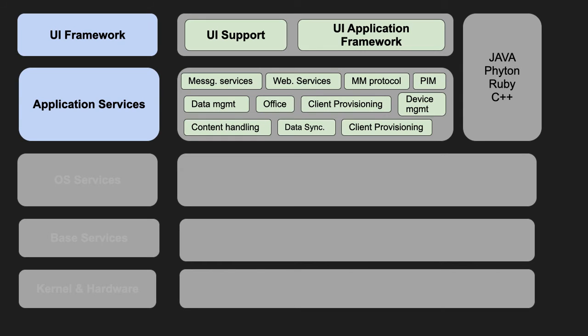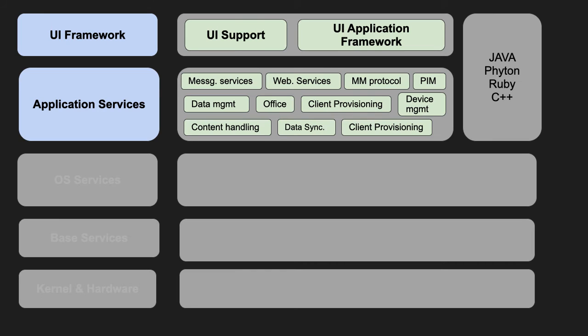But of course, as I mentioned before in another slide, Symbian supported these well-known programming languages. So you can see here the UI framework for customization of UI, and then the application services is for the third-party apps.